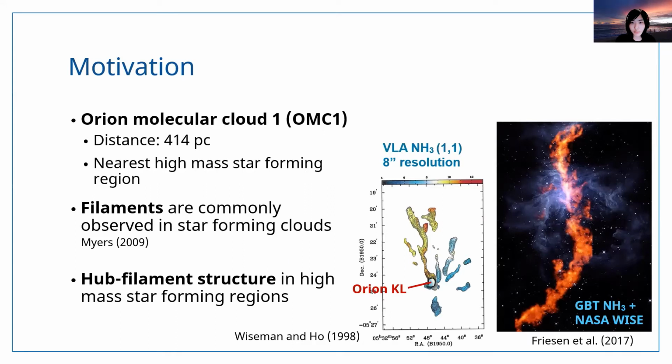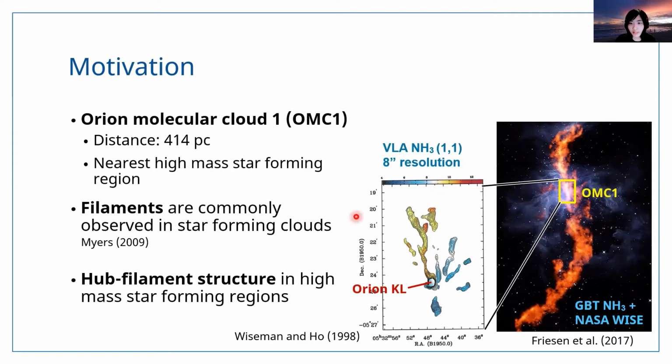For example, the picture on the right is showing the whole Orion Molecular Cloud region. The orange part here is the molecular cloud gas observed in ammonia, and the blue part is showing the M42 observed in infrared.